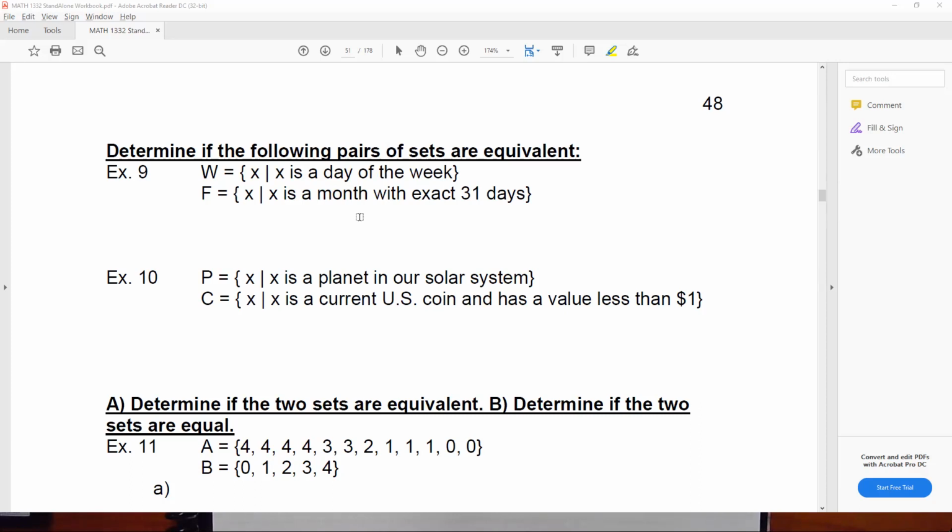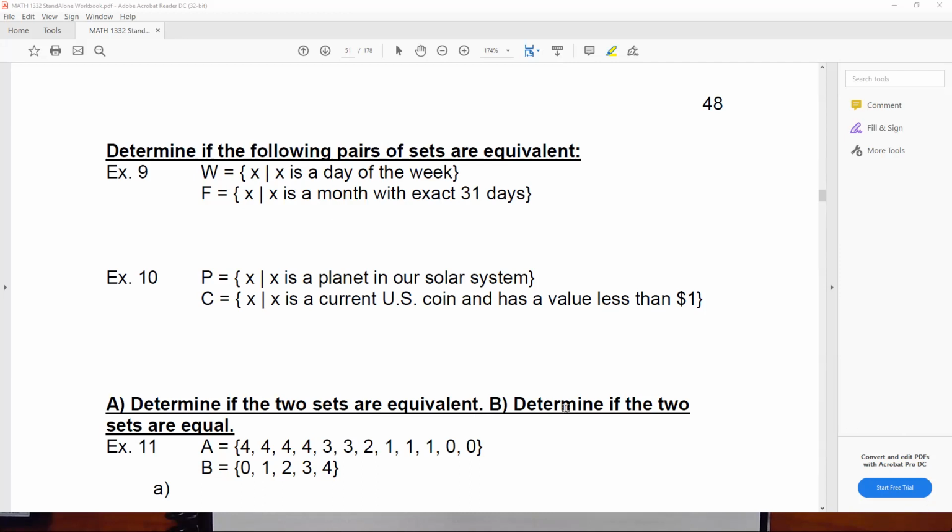What does equivalent mean? Let's check out the next question. It says determine if they're equivalent, and then it says determine if they're equal. So it means different things.